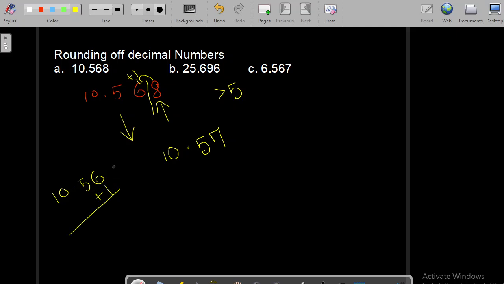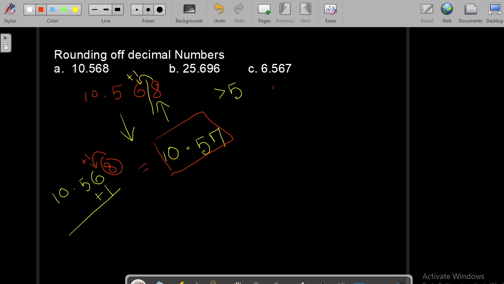Why plus 1? Because after the sixth place, the digit was 8, which was greater than 5. Since it is greater than 5, we add 1 to the earlier digit. So the answer becomes 10.57.